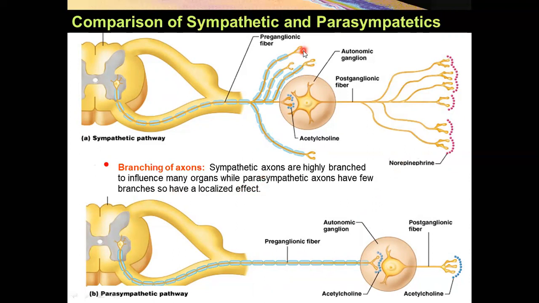As you see, both pre-ganglionic and post-ganglionic sympathetics heavily branch. So when the sympathetic nervous system is active, it generates a diffused effect throughout our body.